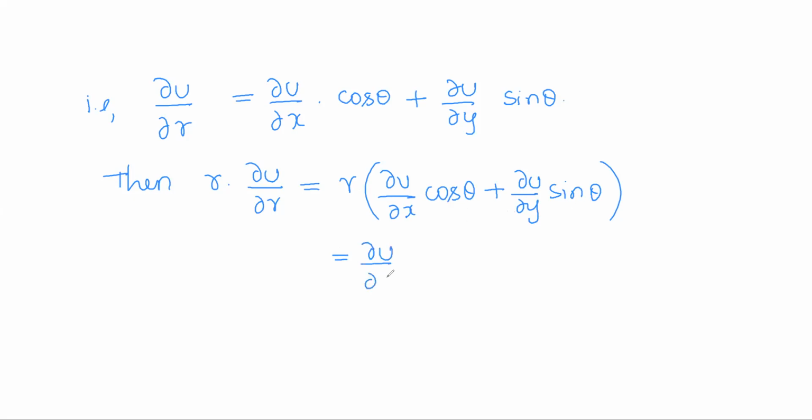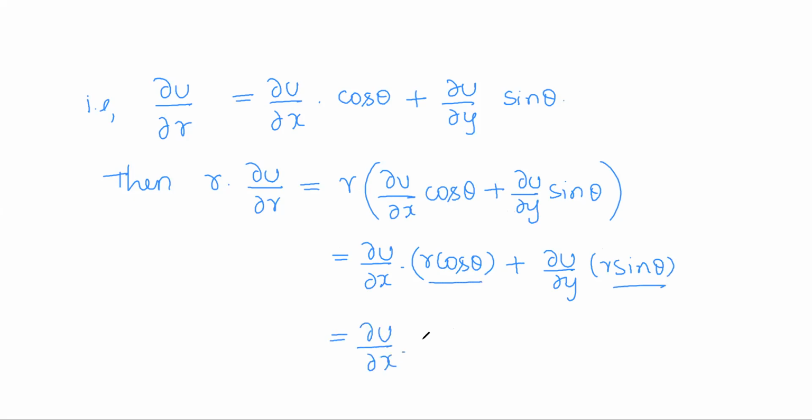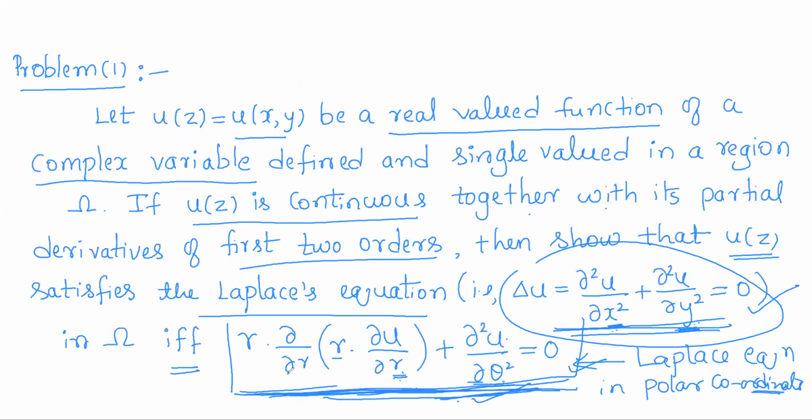So dou u by dou x into r cos theta plus dou u by dou y into r sin theta. Right? But we know what these are. So dou u by dou x into r cos theta is nothing but x. dou u by dou y into r sin theta is nothing but y. So this is r into dou u by dou r. So next what we need is dou by dou r of r into dou u by dou r.